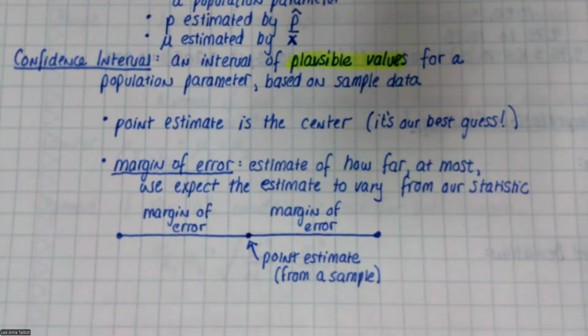And then the margin of error is the same distance on either side. So it has like a plus or minus value.